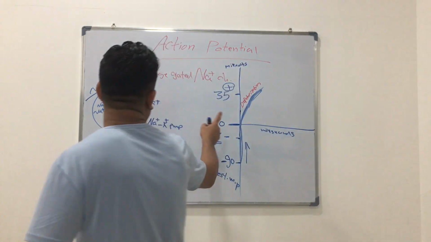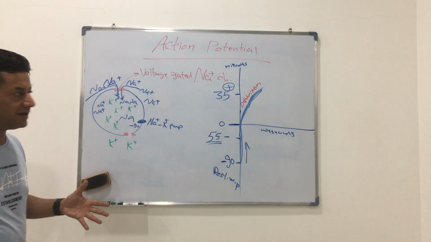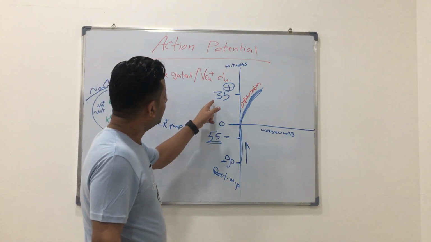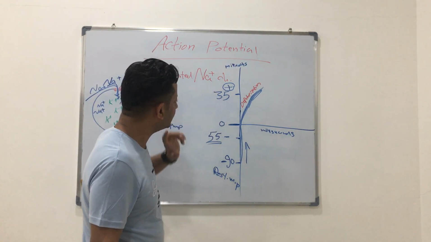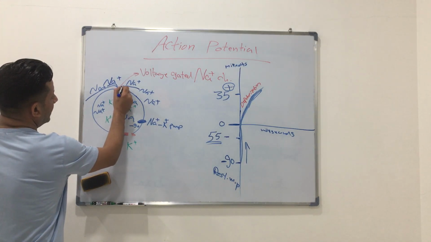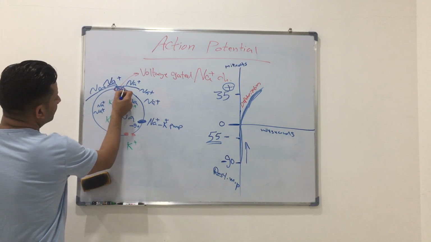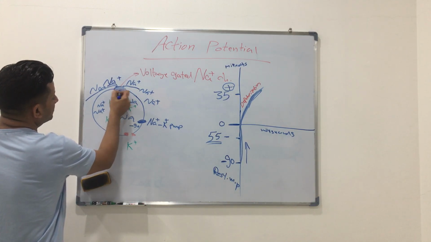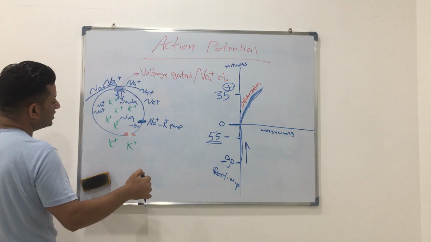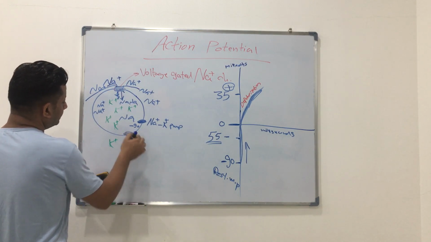So after that, when the charge inside the cell reaches positive 35, this will cause closure. Now there will be closure of voltage-gated sodium channels. Now the voltage-gated sodium channels will be closed.